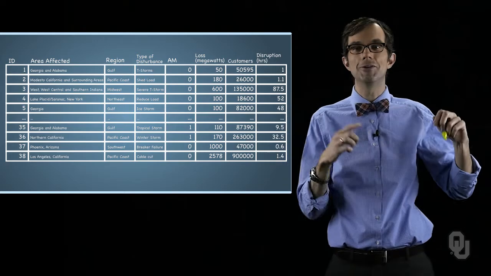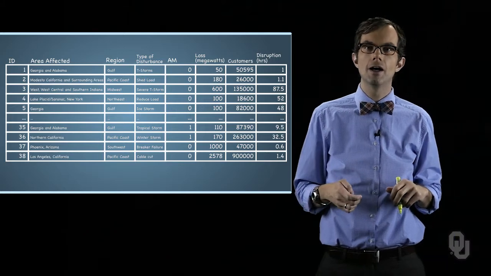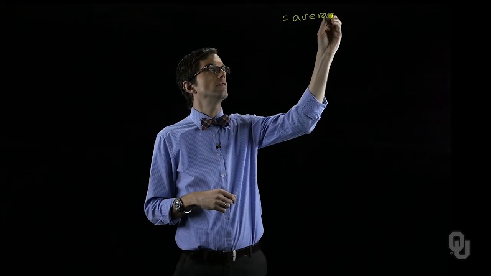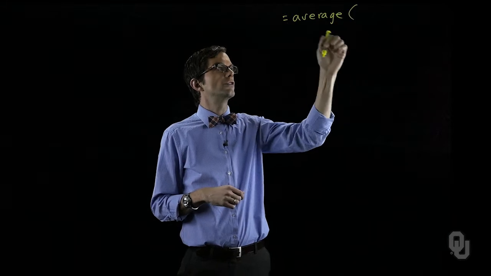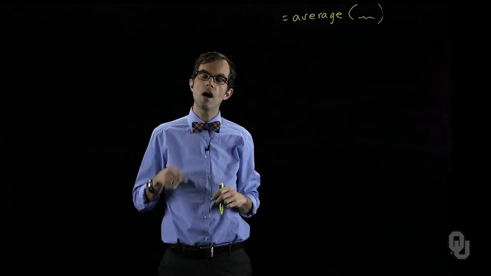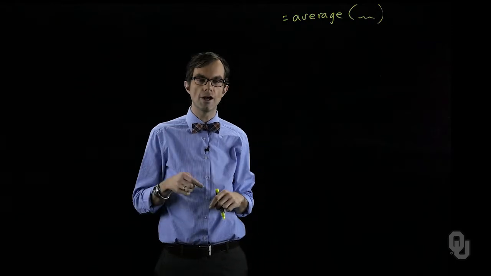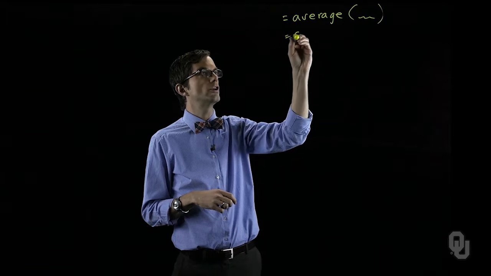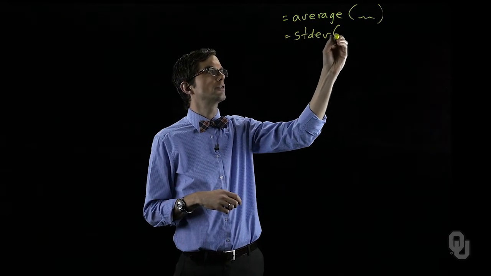Well, first we need to go to Excel and find y bar. What we're going to use in Excel is the average function again. We're just going to use this average function across the data range for the column associated with the duration of the outage. And we're also going to use the standard deviation function.